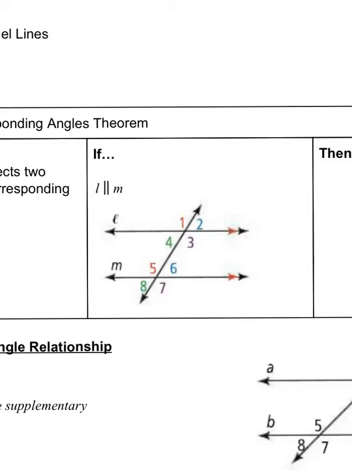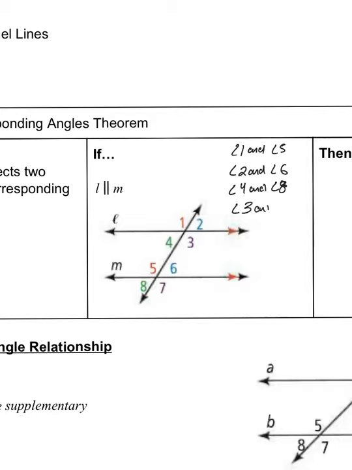Corresponding, what are they? 1 and 5. Okay. 2 and 6. Good. Yeah, 4 and 8. 3 and 7. Awesome. Very good.